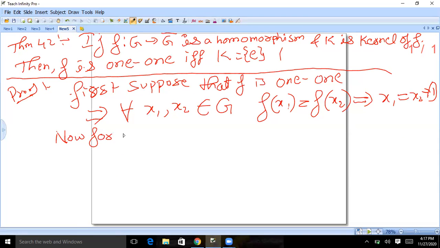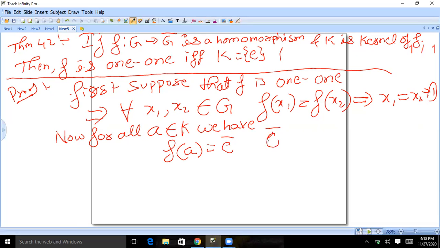Now for all a belongs to K, we have f of a is equal to E bar. E bar in the question is given as the identity of G bar.